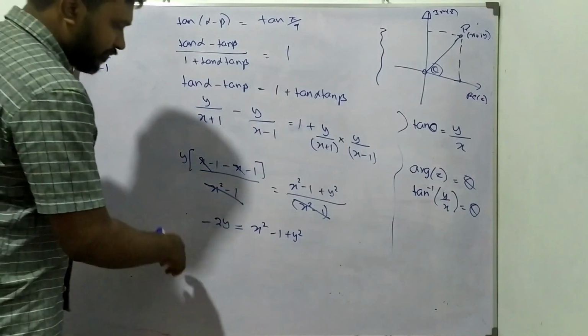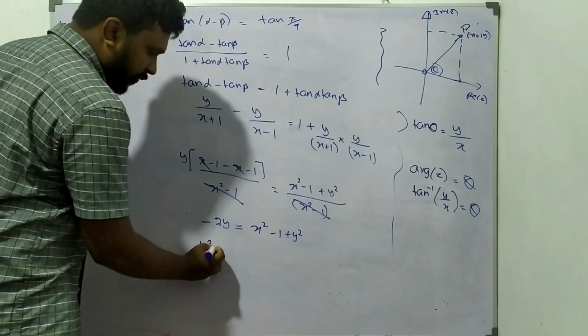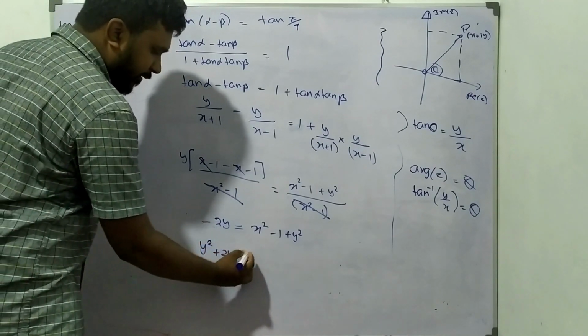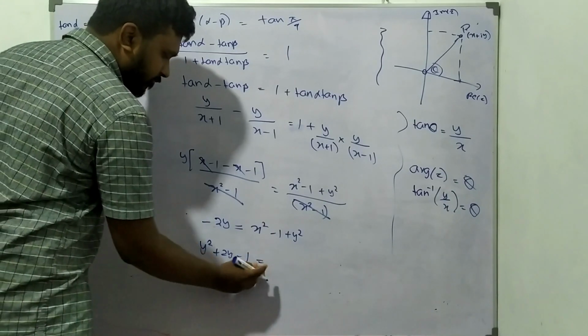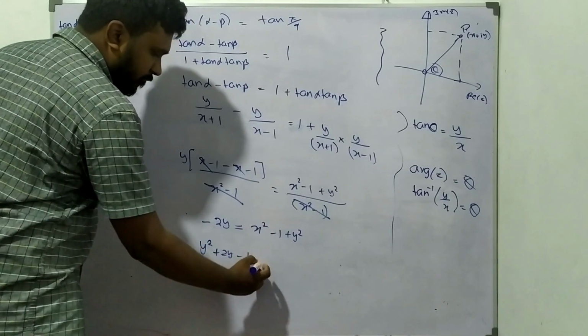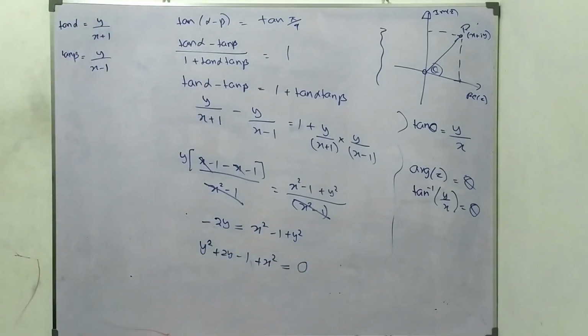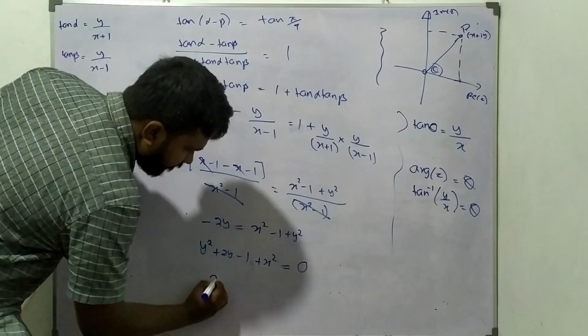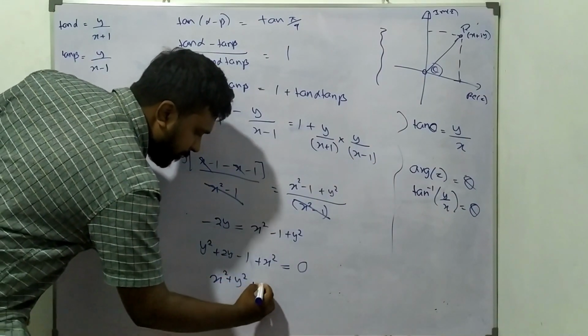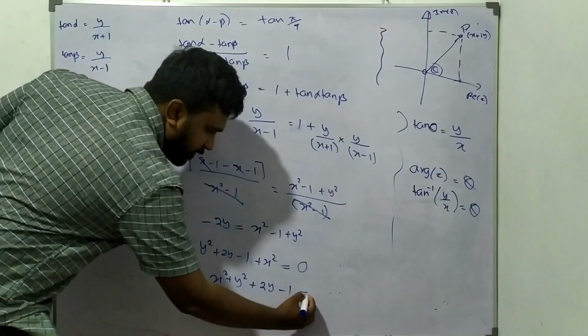So this is what I got. Actually it is x squared plus y squared plus 2y minus 1 equals 0.